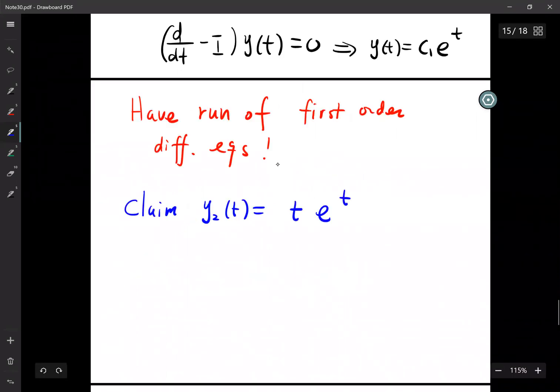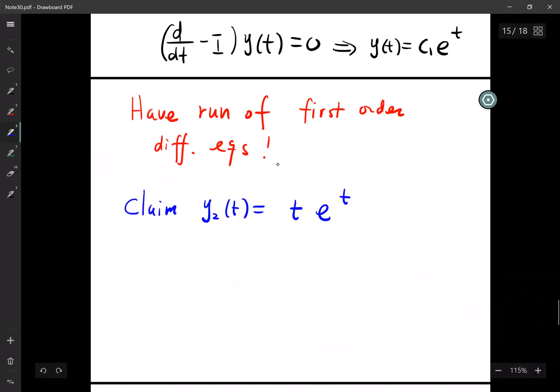Let's do it together and make sure that this is really the solution. So we do y2 prime.